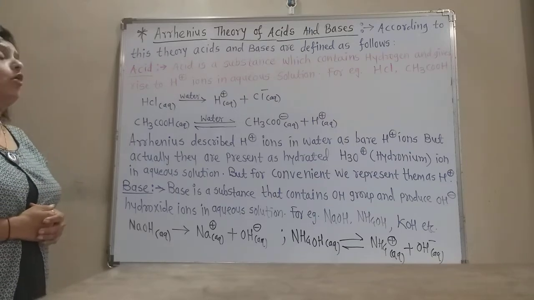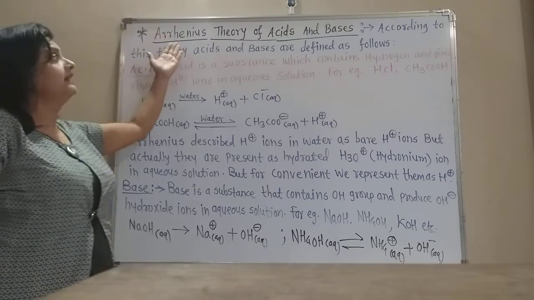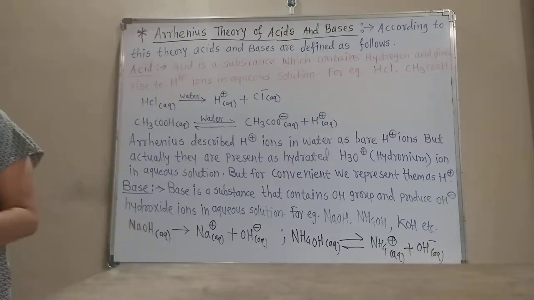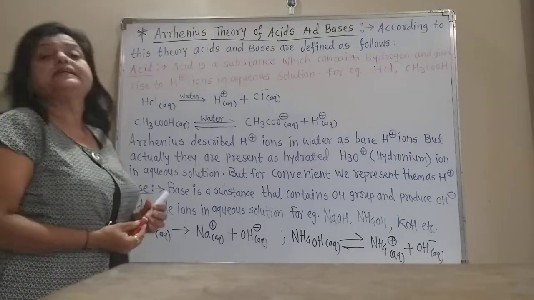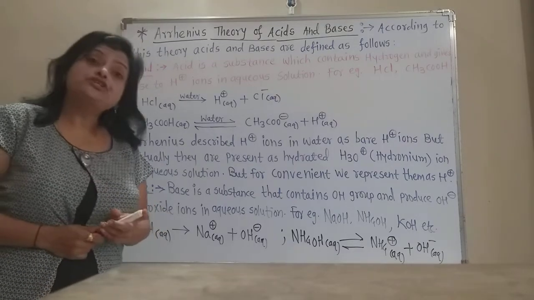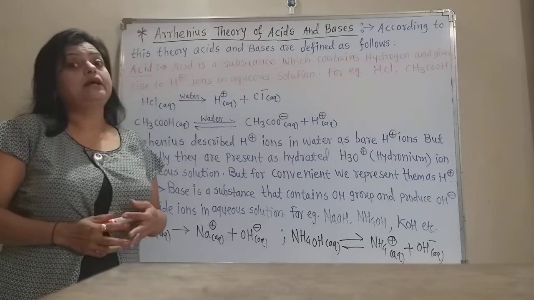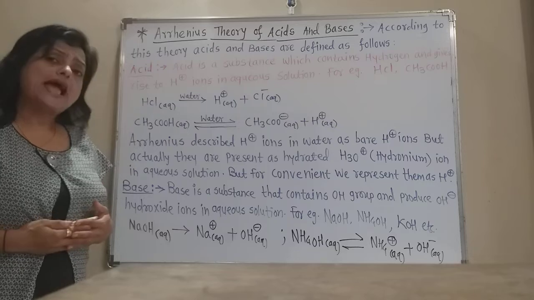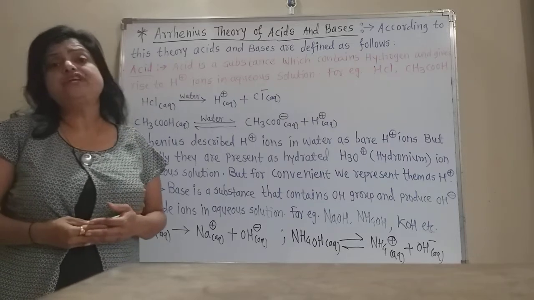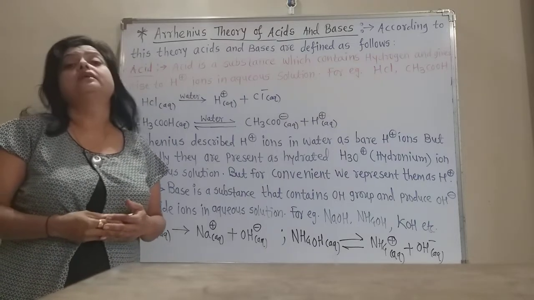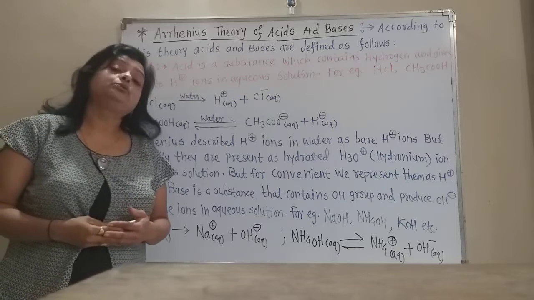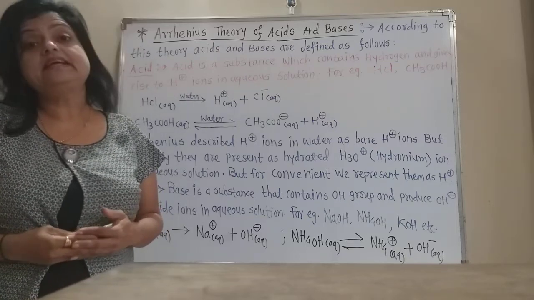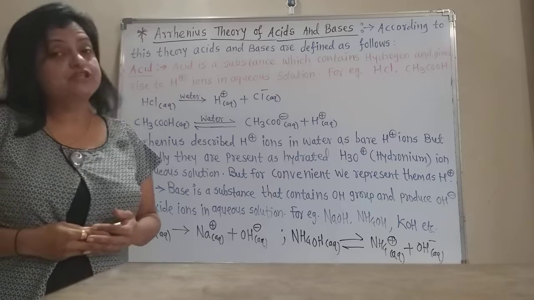The first theory of acids and bases is the Arrhenius theory of acids and bases. Now in the Arrhenius theory, he first gave the conceptual definitions of acids and bases. Now acids are the substances which contain hydrogen and they give the H plus ion when they dissolve in the aqueous solution.